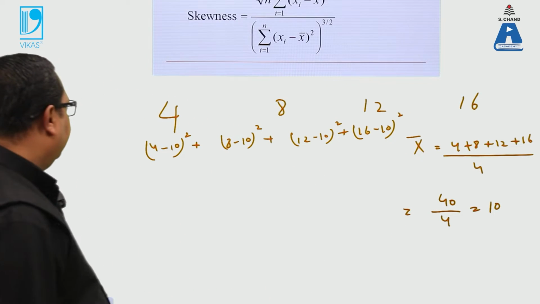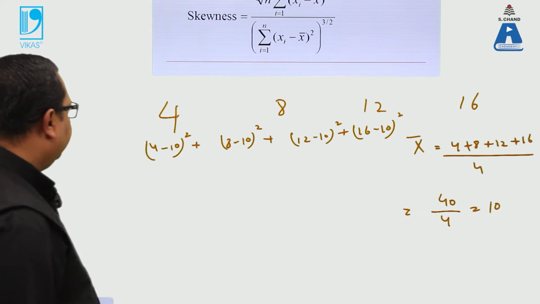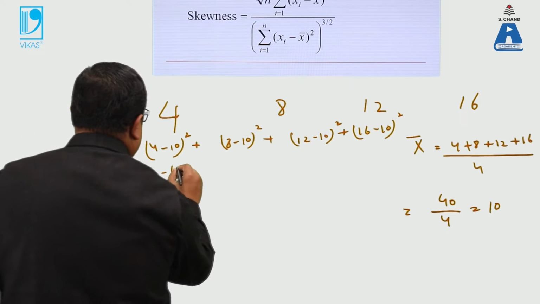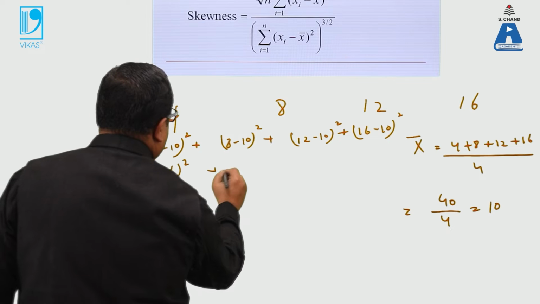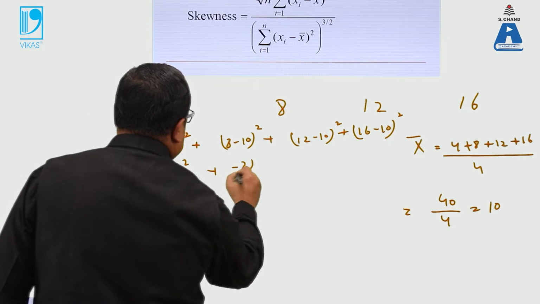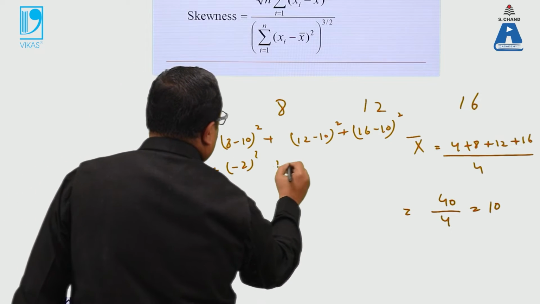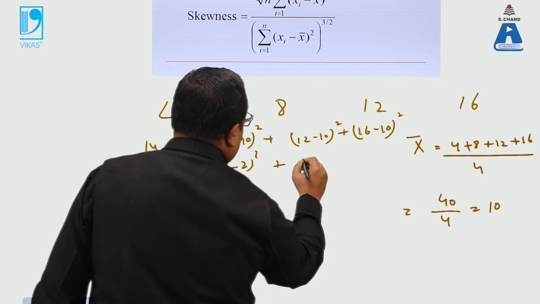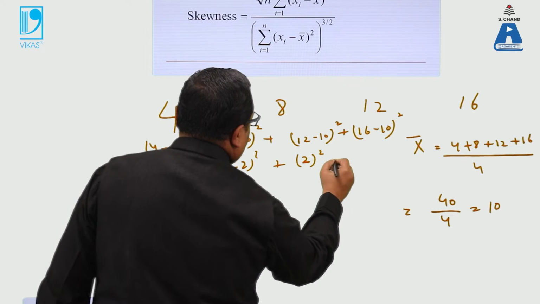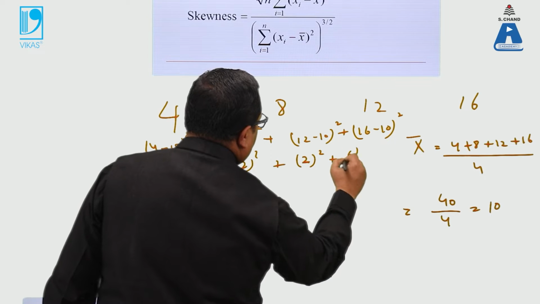So we can see that 4 minus 10 is minus 6 whole square, plus 8 minus 10, minus 2 whole square, plus 12 minus 10, 2 whole square, plus 16 minus 10, 6 whole square.